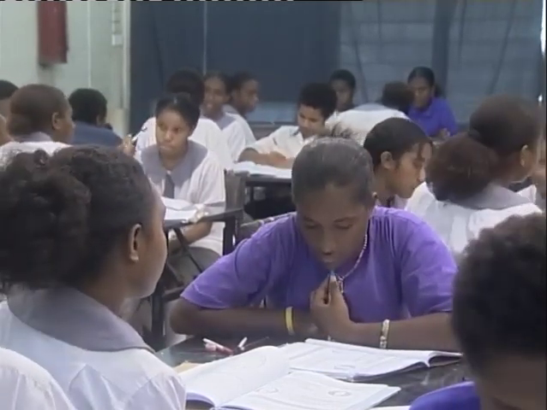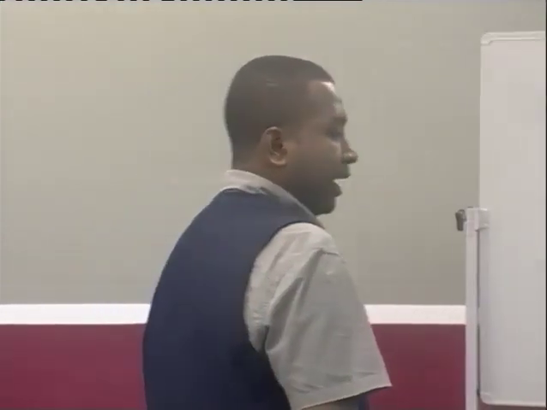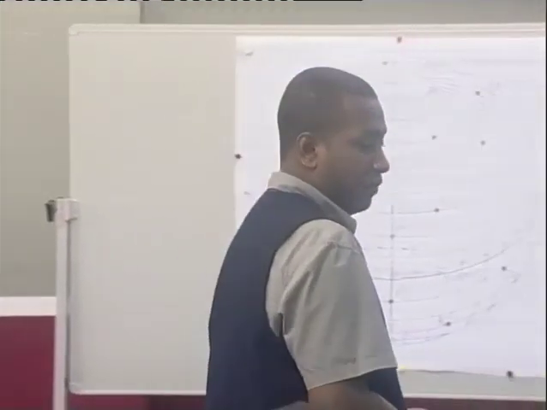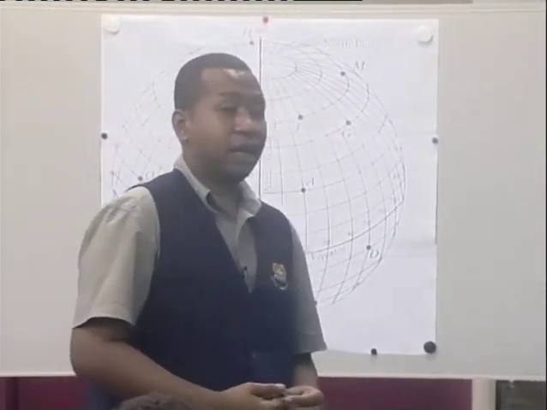Group 1, your presenter. The question reads, find the latitude for the following locations. 1, A. What is the latitude for A? Group 1.